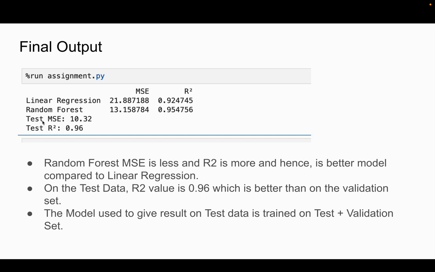Based on that, on the test set, I found the value of R-square to be better, that is 0.96, and the error to be even lesser. These test values come from the final model, which is trained on both the training and the validation set.